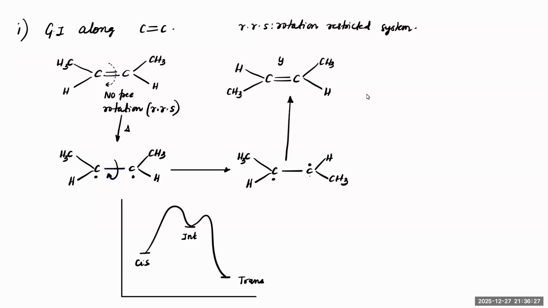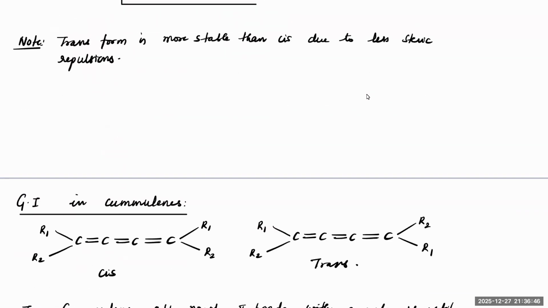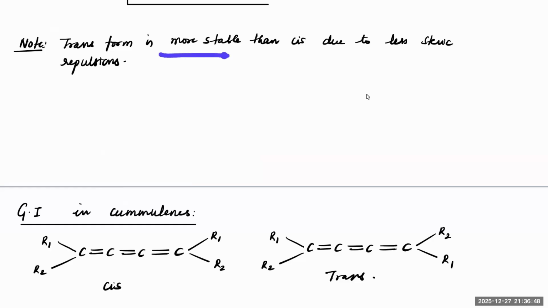On rotation here, it will start changing its positions, and that's how you can end up getting this double bond. So from cis, if you want to go to trans, I have to break the bonds and then go. These types of changes between two groups are what we call geometrical isomers. Generally, the trans form is more stable than cis due to steric repulsions.